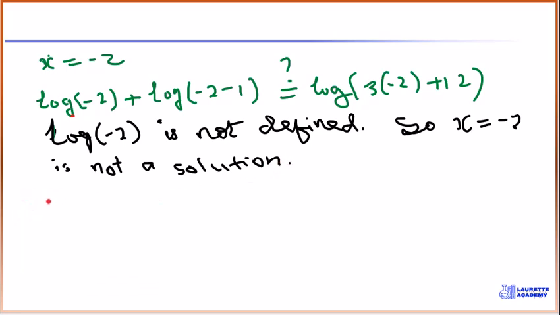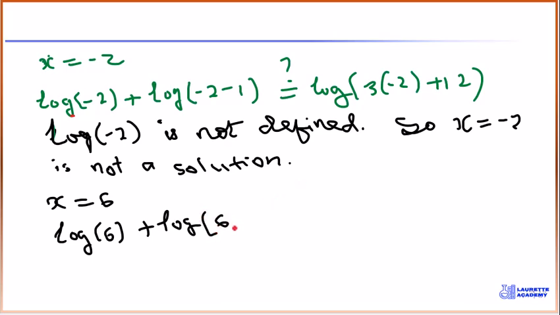Now let's take a case where x equals 6. So if x equals 6, this implies that log of 6 plus log of 6 minus 1 is equal to log of 3 times 6 plus 12.